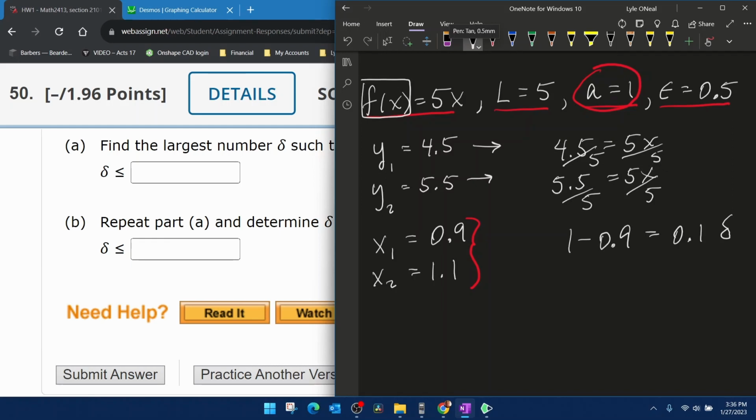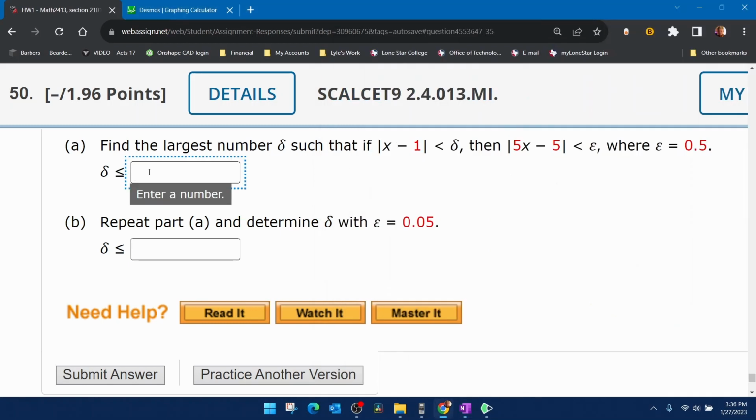To find the distance that 1.1 is from 1, we subtract 1.1 minus 1, again giving us 0.1. Since those values are identical, you don't have to pick the smaller one. They're both the same value. So our delta needs to be less than or equal to 0.1 in order for our y values to be within 0.5 of our limit.